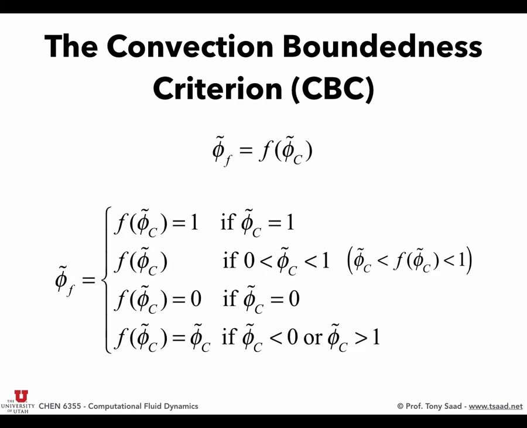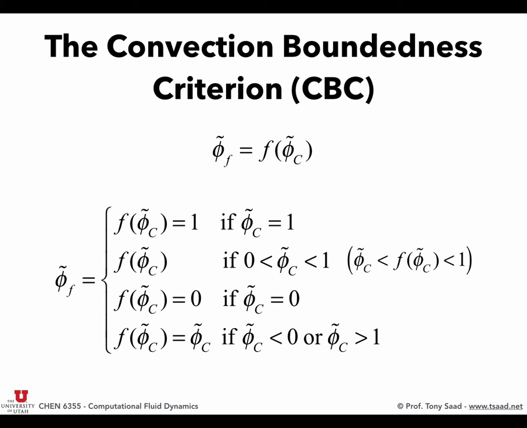Okay? So if you think of phi tilde f as a function of phi tilde c, we want to make sure that if phi tilde c is equal to 1, then this is equal to 1. If phi tilde c is between 0 and 1, you can be whatever you want, because you are monotonic.